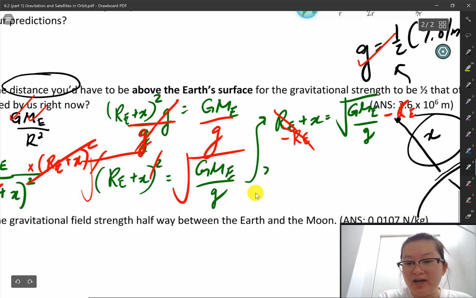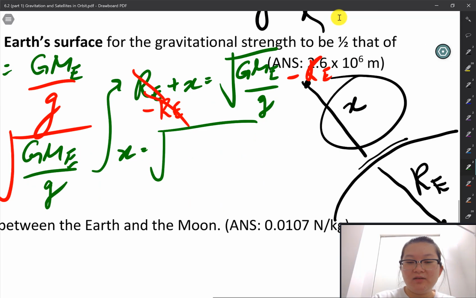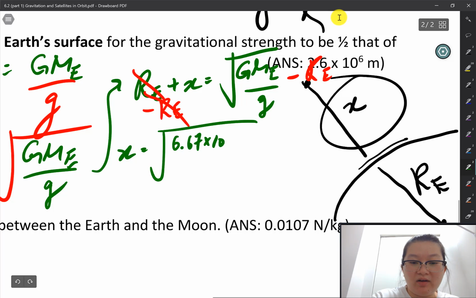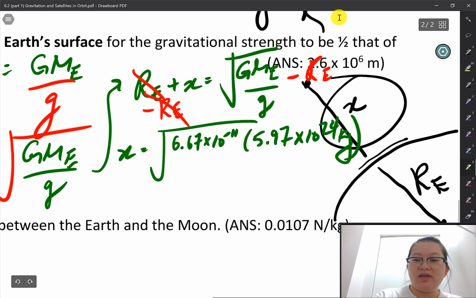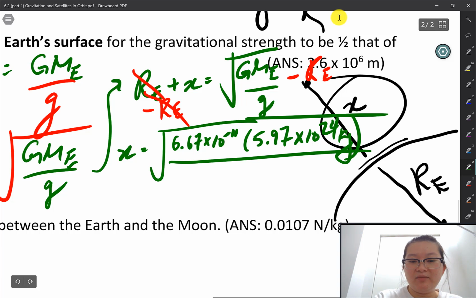Okay, so we finally can put in some numbers. Plugging everything in, we get 6.67 times 10 to the power of negative 11, the mass of Earth is 5.97 times 10 to the power 24 kilograms, and all of that divided by 1/2 of 9.81.